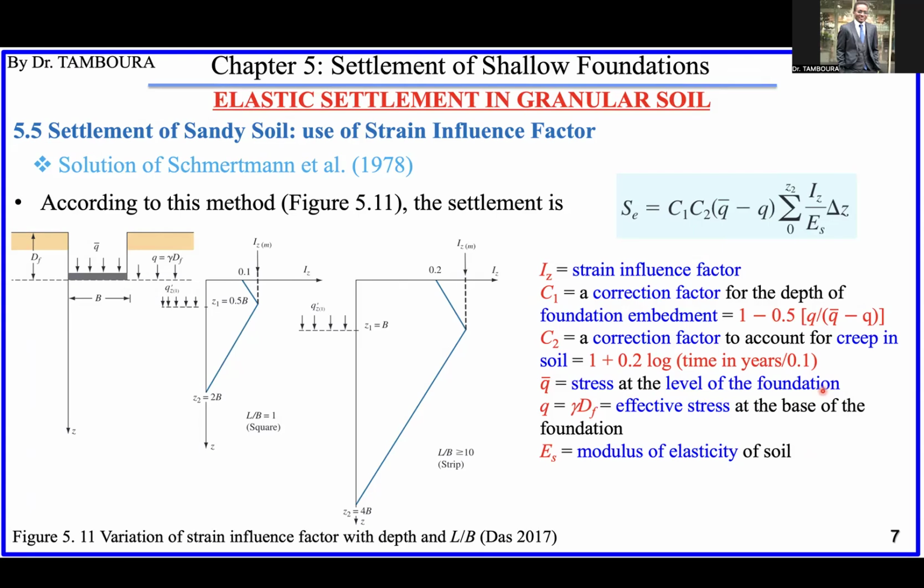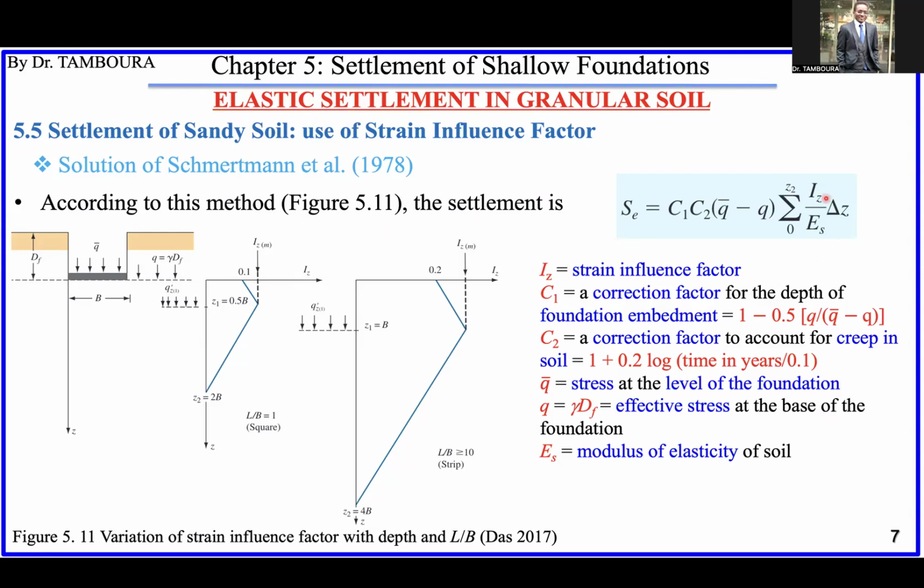So if you have these two, it's easy to obtain C1, because in the equation of C1, these are included. And ES, I think you know already, it is the modulus of elasticity of the soil.